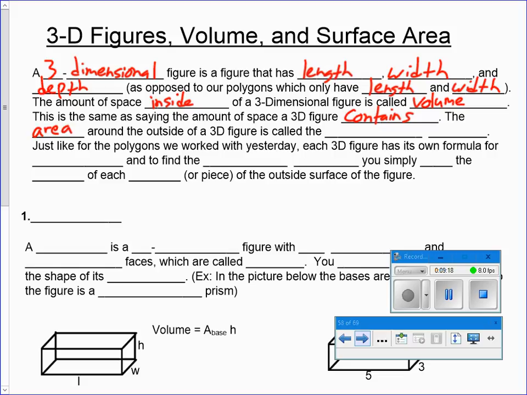The next idea is the area around the outside of a 3D figure. If we unwrapped it, what would the area of all that be? That's called the surface area.